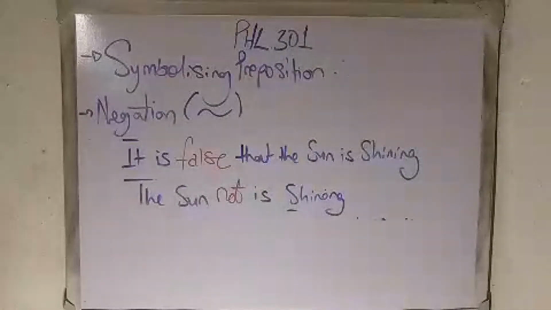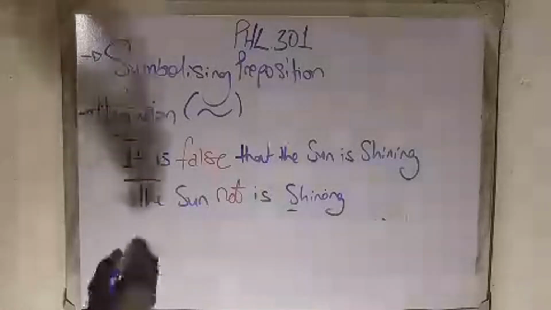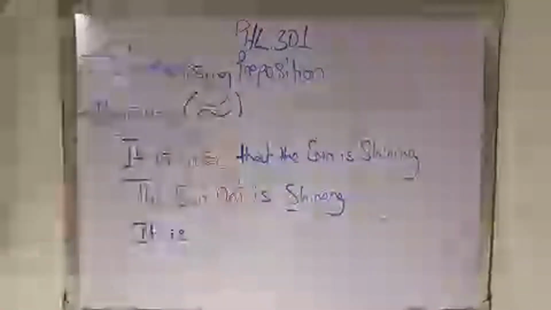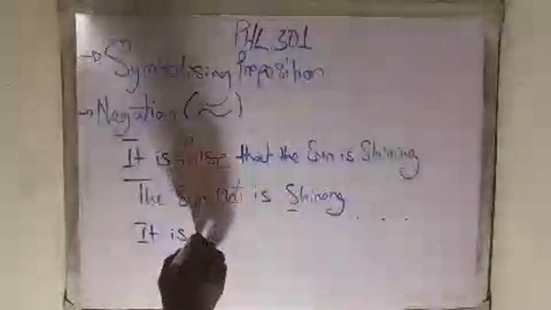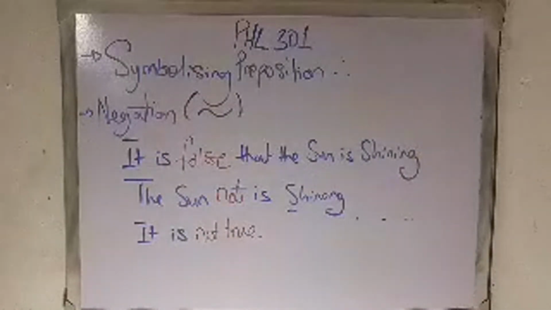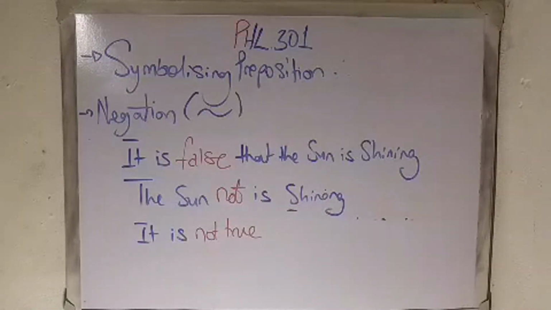Or we can say it is not true. Remember we said a proposition can be either true or false, not simultaneously the same. We said that in the first class.